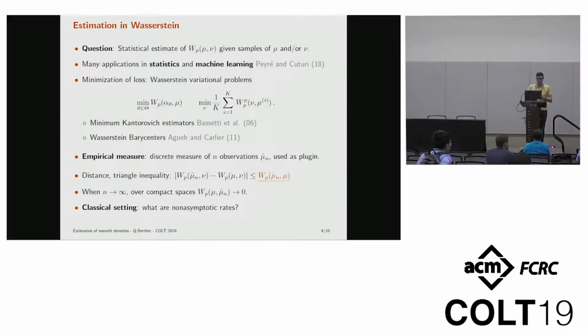So what's in orange and underlined. And we know that when n goes to infinity, this actually converges, right? But now the more modern question is, what are the non-asymptotic rates? How fast does this converge? And in particular, how fast does this converge in high dimension?